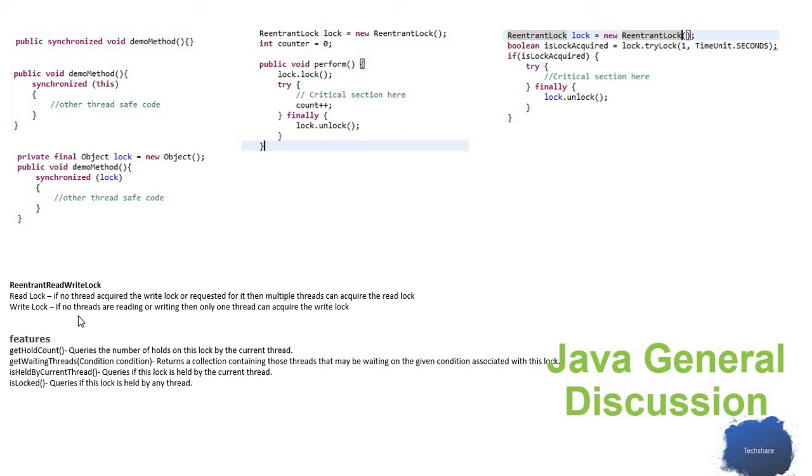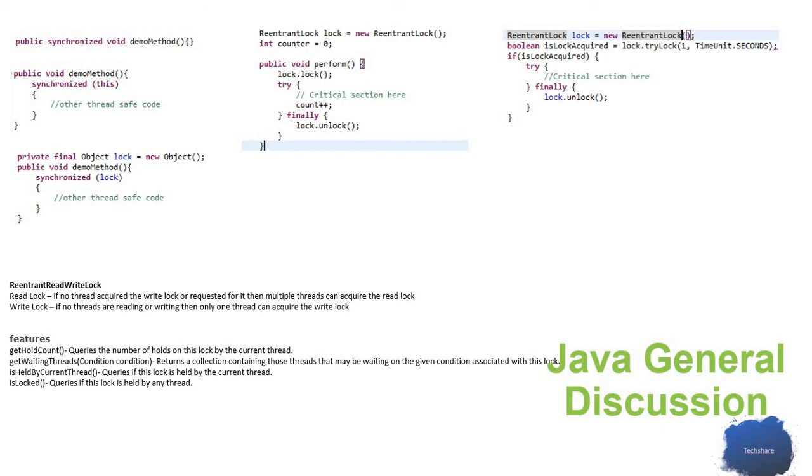locking the object. Apart from all these advantages which we discussed, it also provides some methods, like if we want to know how many threads are currently waiting, how many holds are held by the current thread, whether this particular object is held by the current thread, or whether this particular object is already locked.